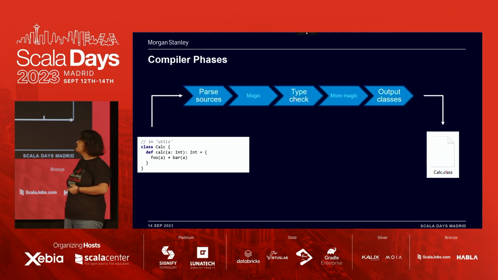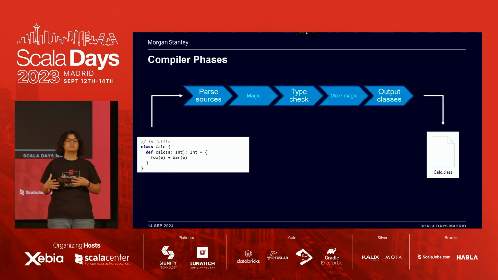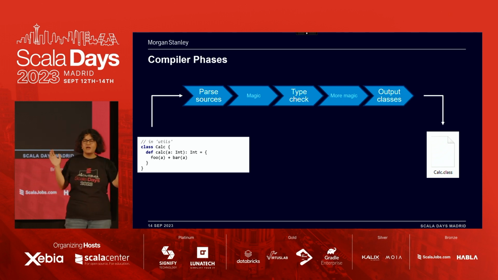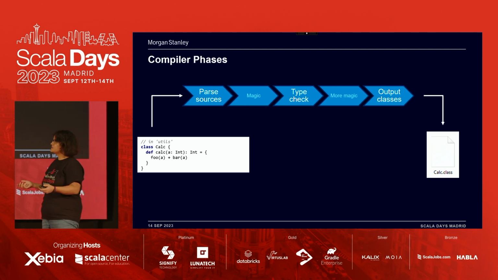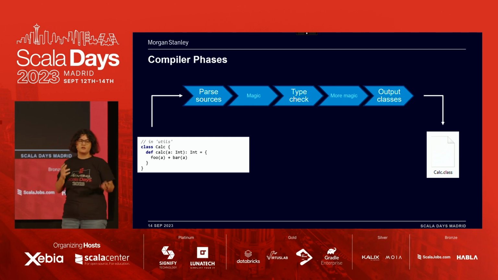Let's have a very quick look at what it means to be a compiler. So the Scala compiler is done in phases. And at a very high level, what is happening is that we give the compiler some text that for us is code that we know and love. Then the Scala compiler is going to go in phases. It's going to read it. It's going to parse it. It's going to do some magic.